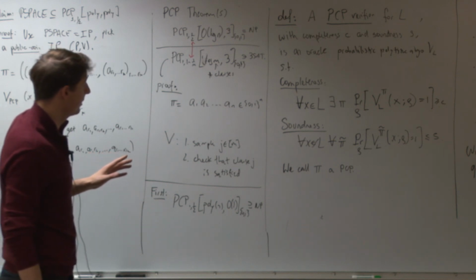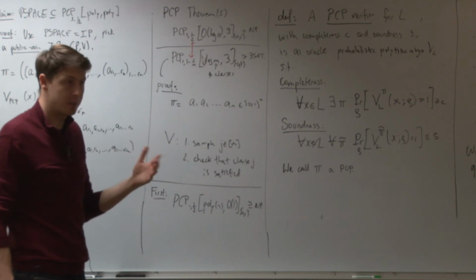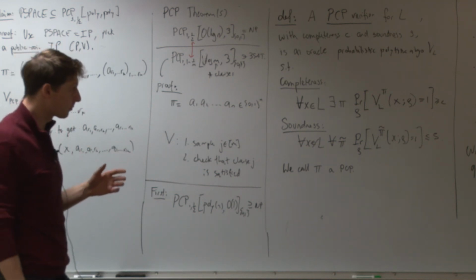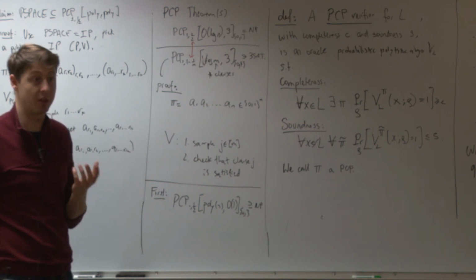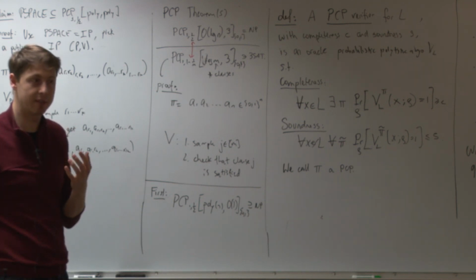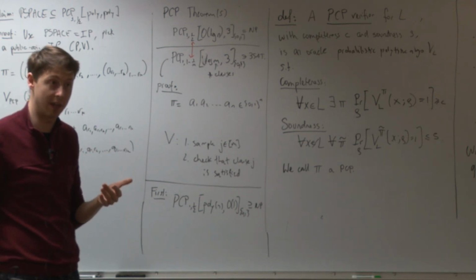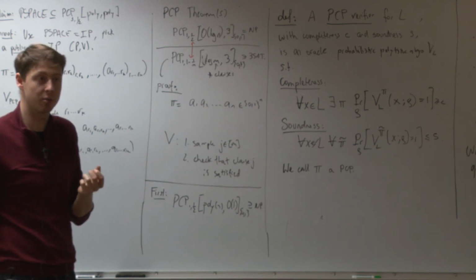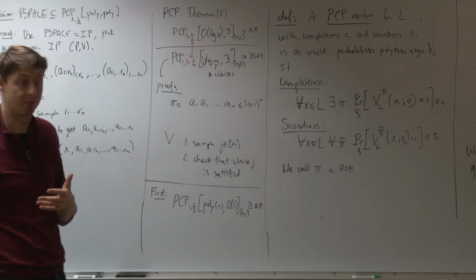Finally, I did want to say that because PCPs go to NEXP and they capture all these languages, we will see that they are a very powerful notion of doubly efficient things, right? Doubly efficient things are ones where the complexity of the prover scales with the complexity of deciding the language. And that was something that's very hard to do with interactive proofs. In particular, there are still many open questions about doubly efficient interactive proofs.